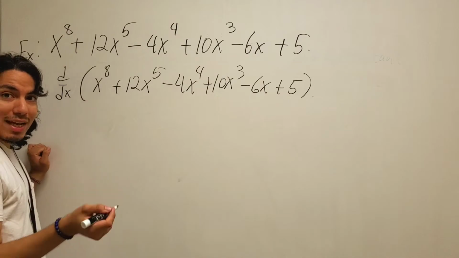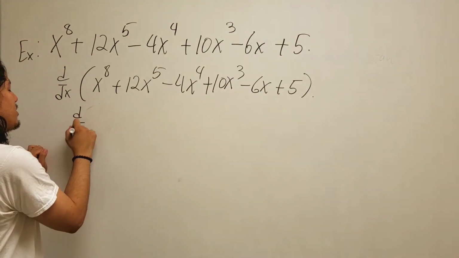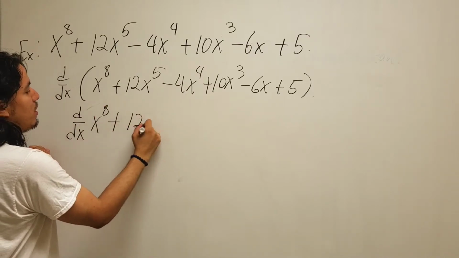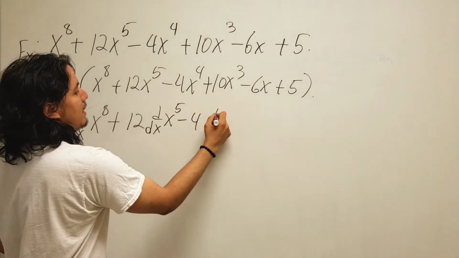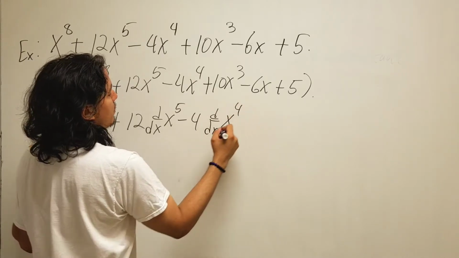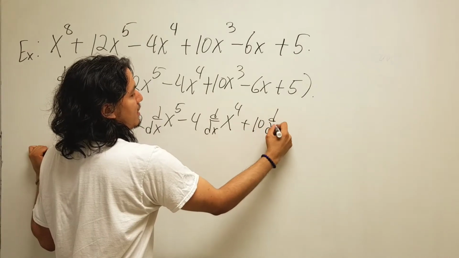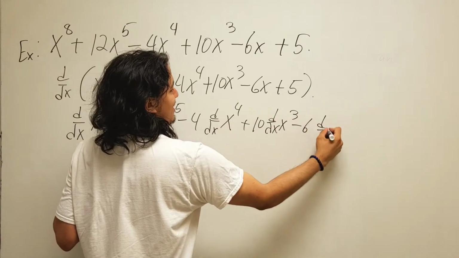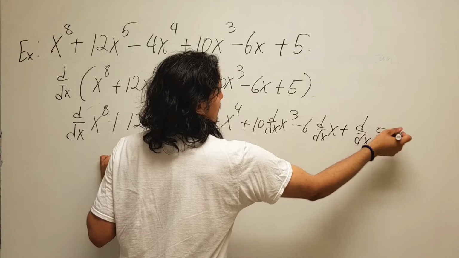So we're going to do exactly what the formula told us to do. We're going to differentiate each and every single term. Plus 12 d dx x to the 5th minus 4 d dx x to the 4th, this is to the fifth, sorry, fifth, this is the fourth. 10 d dx x to the third minus 6 d dx x plus d dx of 5.